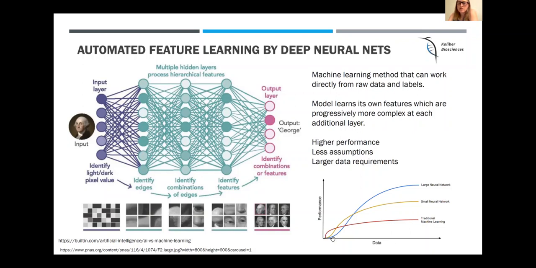But as you get larger data, these deep learning-based networks, especially the large neural networks, essentially leapfrog the performance of the traditional machine learning models when the data sets get bigger. This is the typical trajectory, I would say. So if you have very small data sets, start with traditional machine learning. If you have extremely large data sets, go ahead and throw it into a deep learning based network.